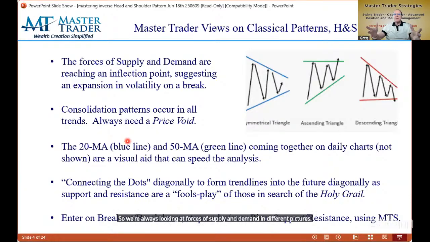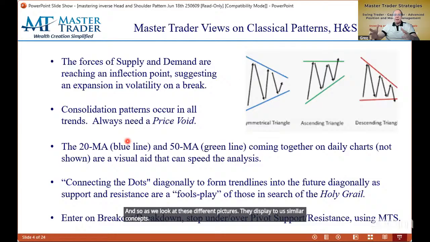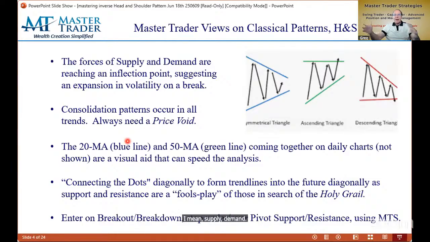And so as we look at these different pictures, they display to us similar concepts, meaning supply, demand, contracting, expanding, and volatility that lead us to a point where there's this coiling, right, contractions.